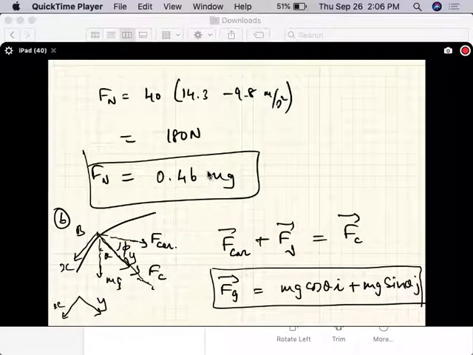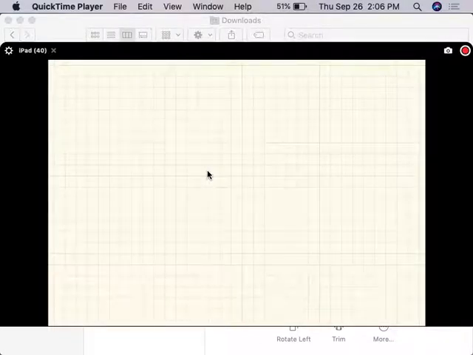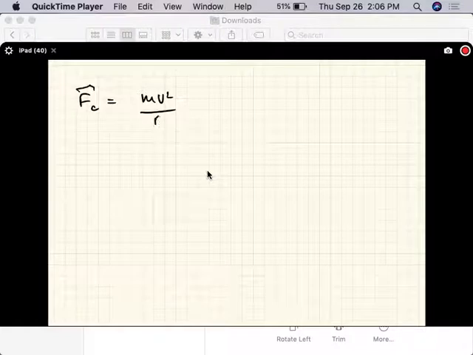We don't know what that angle is. It doesn't have to be perpendicular to gravity. And the centripetal force is only mv squared by r.